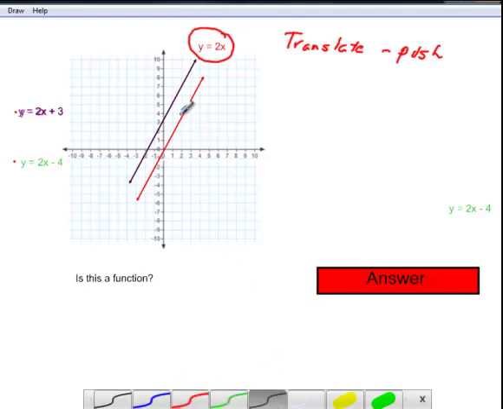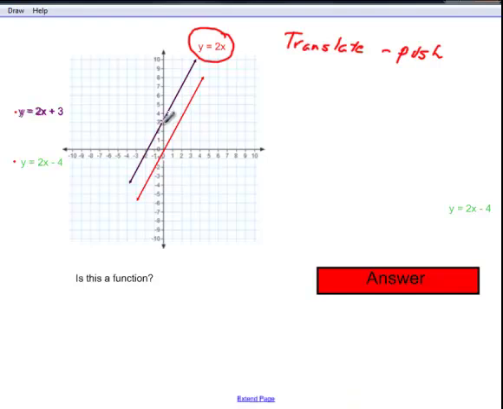We notice that it goes through positive 3. Remember, that's your y-intercept. And its slope is still up 2 over 1. So this red line got translated to this purple line by moving up 3.